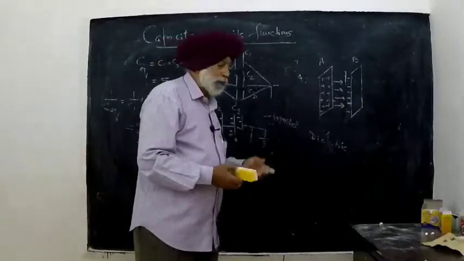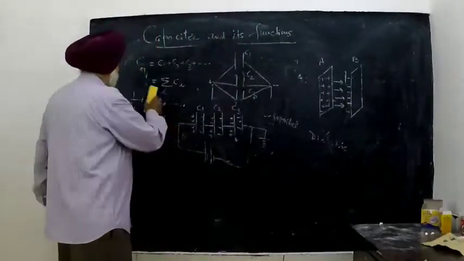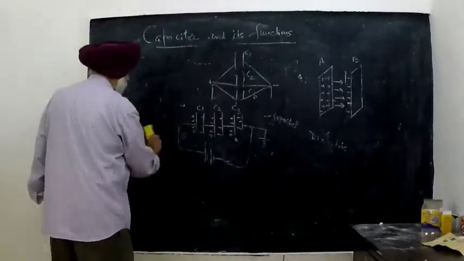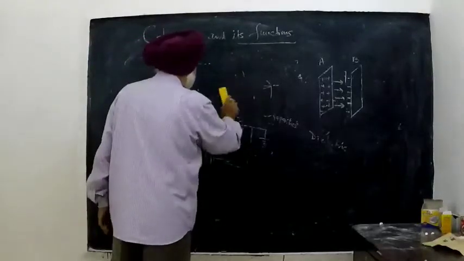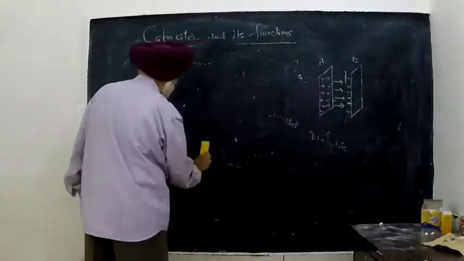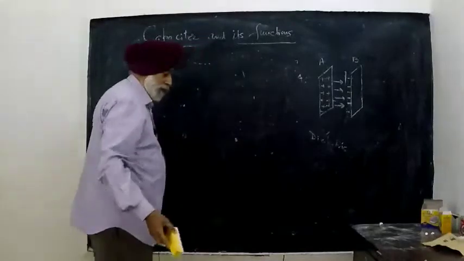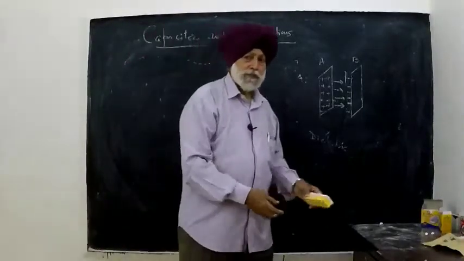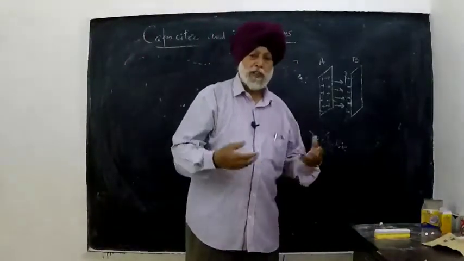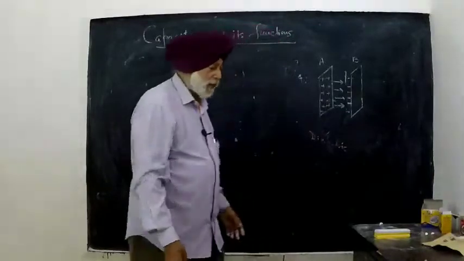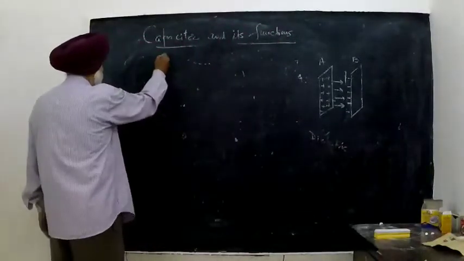One important property of the capacitor is that it blocks DC, direct current, and allows low frequency alternating current to pass through it. Let us see what is capacitive reactance.